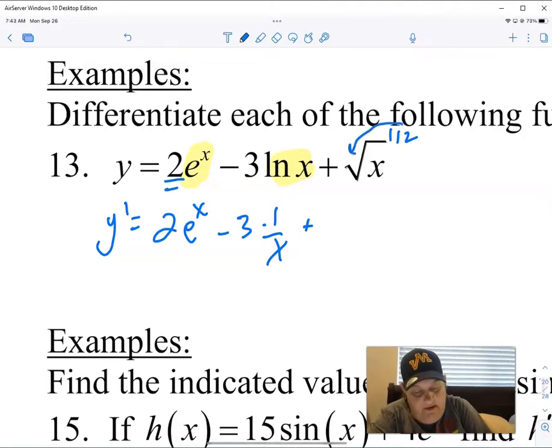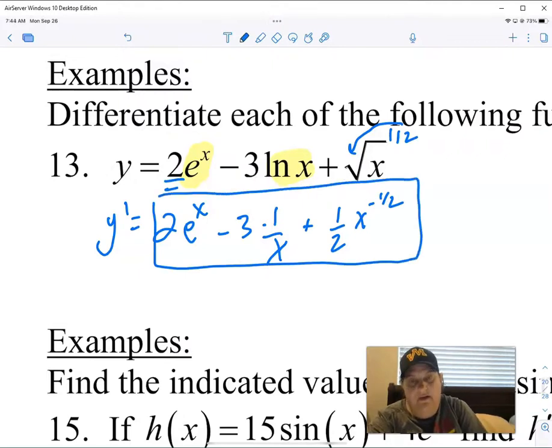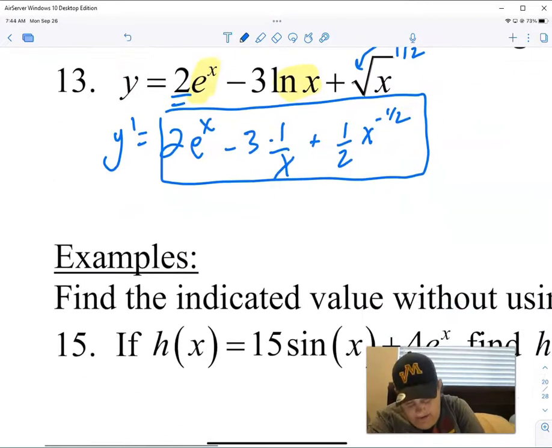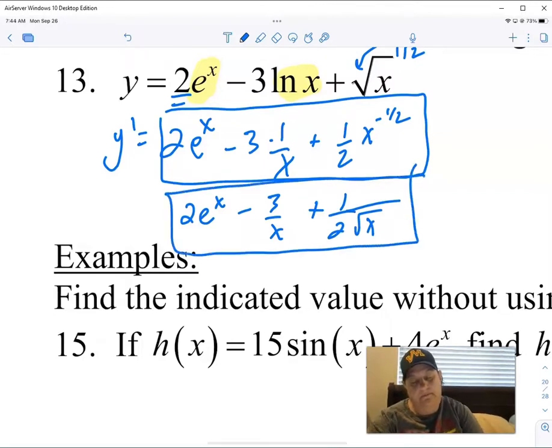So when that comes down, it's 1/2 x to the negative 1/2. And I'm actually okay leaving my answer like this. That works for me. If I wanted to simplify it, I would maybe write it like this. 3 times 1 over x is just 3 over x. And then x to the negative 1/2 is x to the 1/2 on the bottom, which is a square root. Okay?